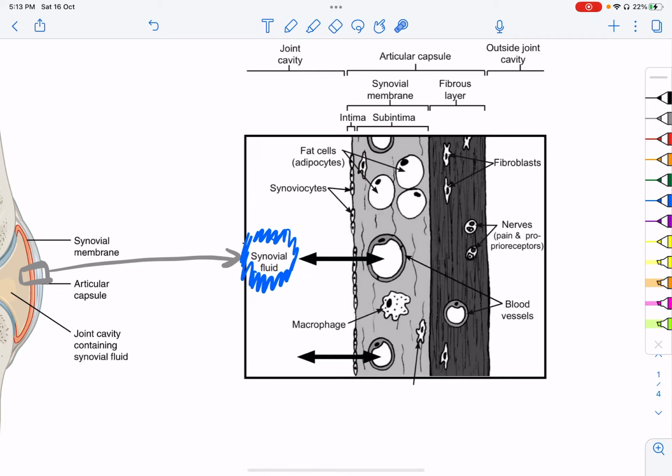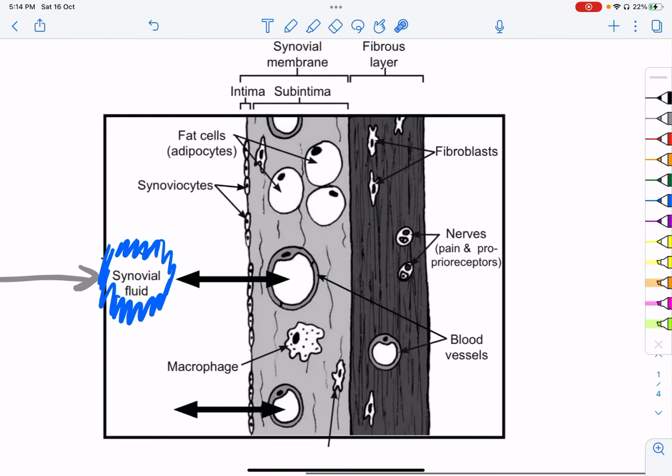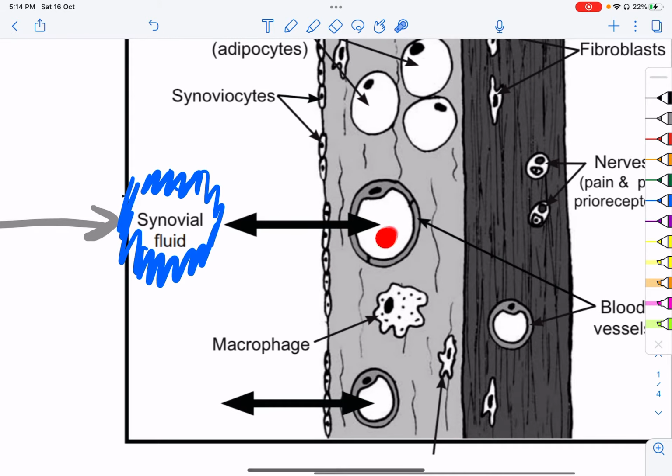So the synovial fluid is produced by these cells. Then within the synovial membrane, you have the subintima, which is filled with lots of other cells like fat cells and blood vessels. And these blood vessels are what allow nutrients to get into this joint because it's able to diffuse through.